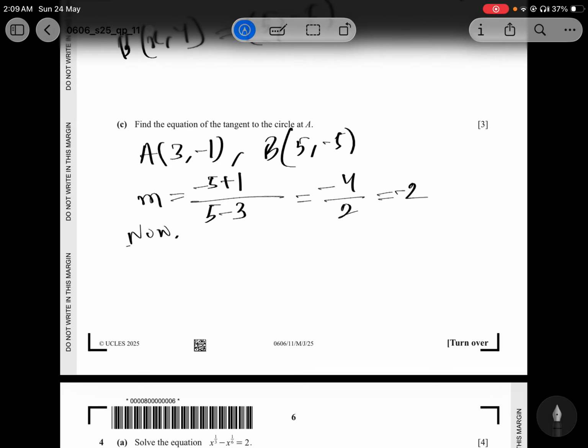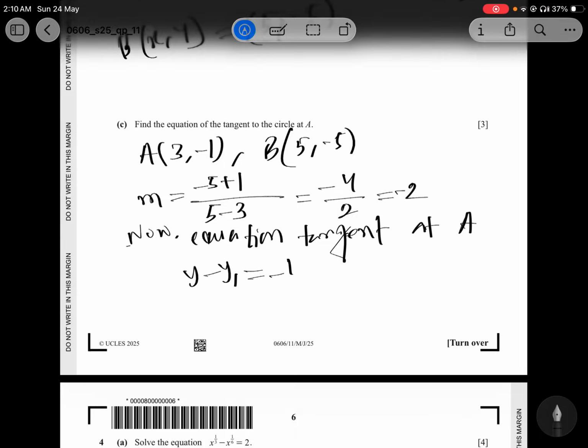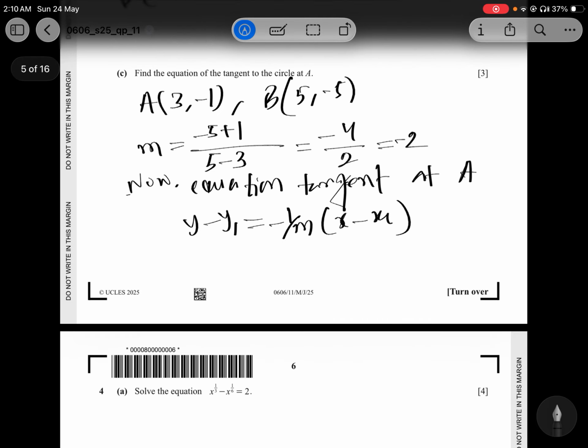Now the equation of the tangent at A: y minus y1 is equal to minus 1 by m, times x minus x1. Guys, I'm taking a shortcut actually. So y minus y1, I mean positive 1, is minus 1 by minus 2, which is just 1 by 2, times x minus x1, which is 3.